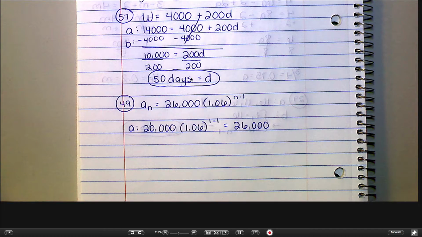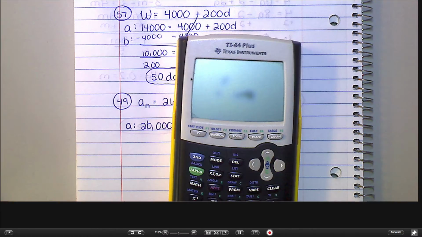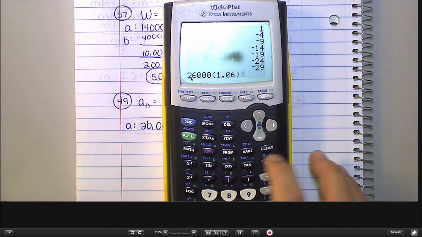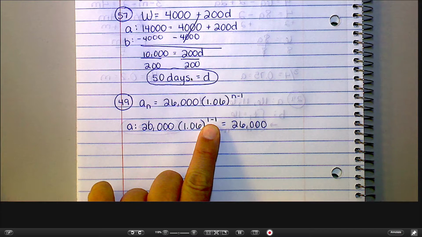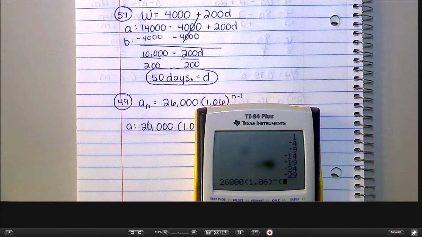From here, you guys, okay if I just plug this straight in the calculator? Probably, right? So for my next year, I would do 26,000 times 1.06 to the power of, and if you're putting more than one thing in the exponent, you should put it in parentheses.